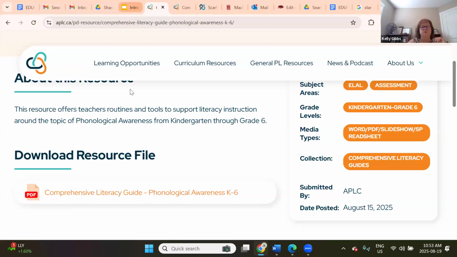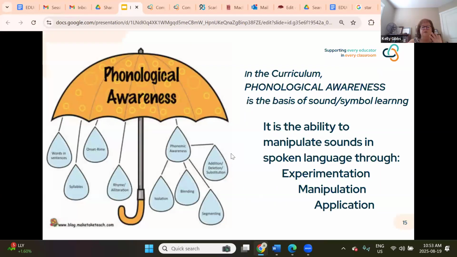I wanted to just ensure that as we look at the whole idea of phonological awareness in the curriculum, that is the basis of your sound symbol learning. It has the piece of the ability to manipulate sounds in spoken language and throughout the curriculum that we know for K-2 and beyond.